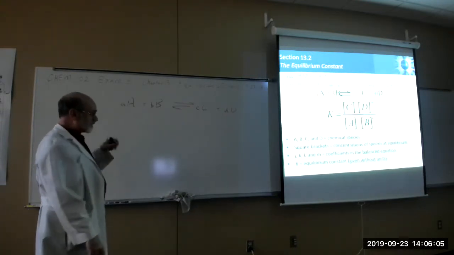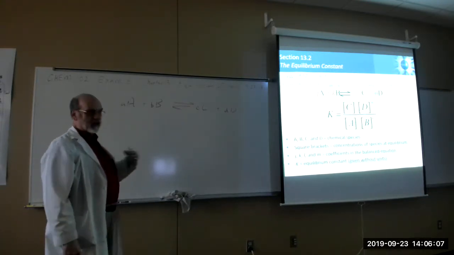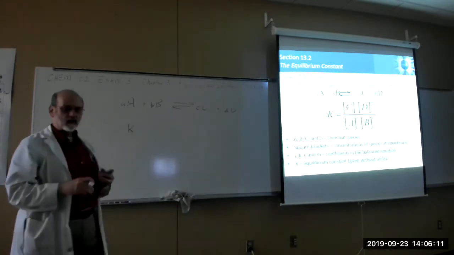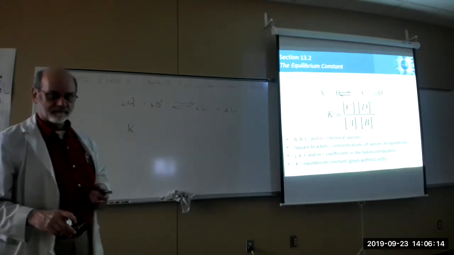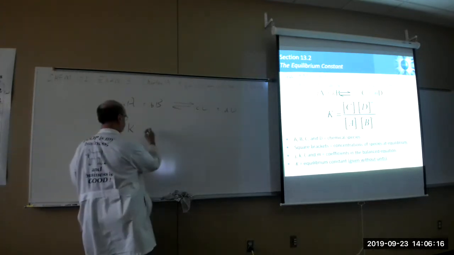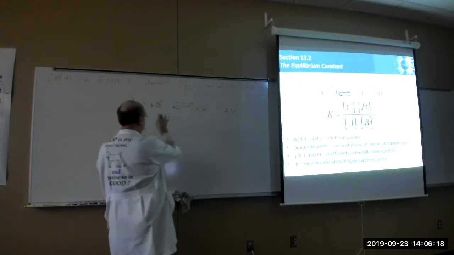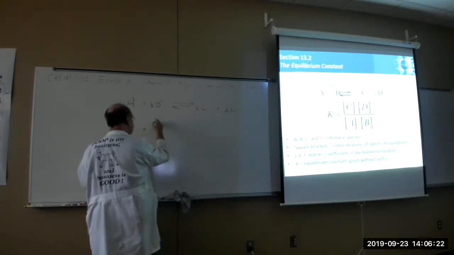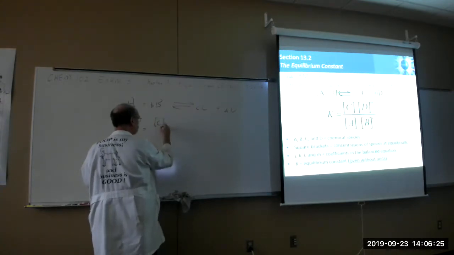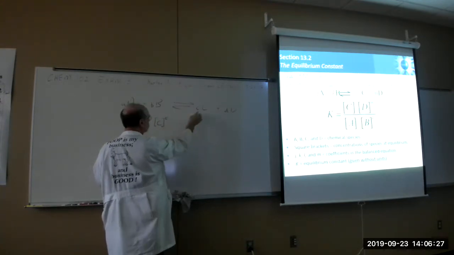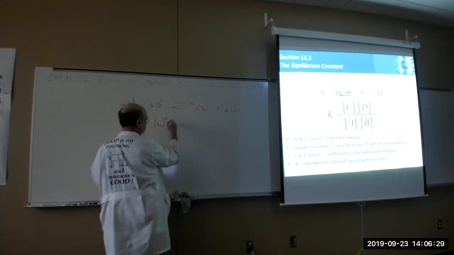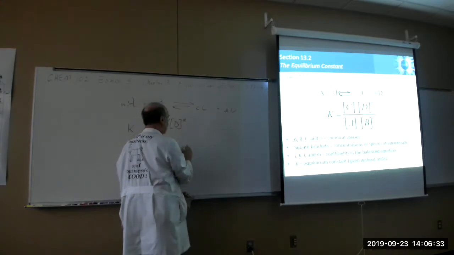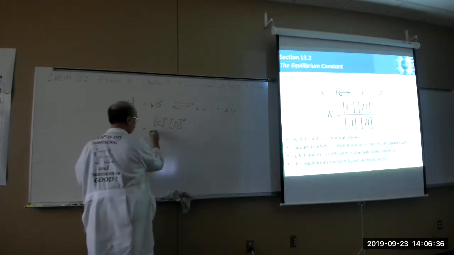Now, the expression itself is going to be equal to a constant. That's our K, and this is the equilibrium constant. Written this way, you say the concentration of C to the power of the coefficient little c times the concentration of D to the power of little d.